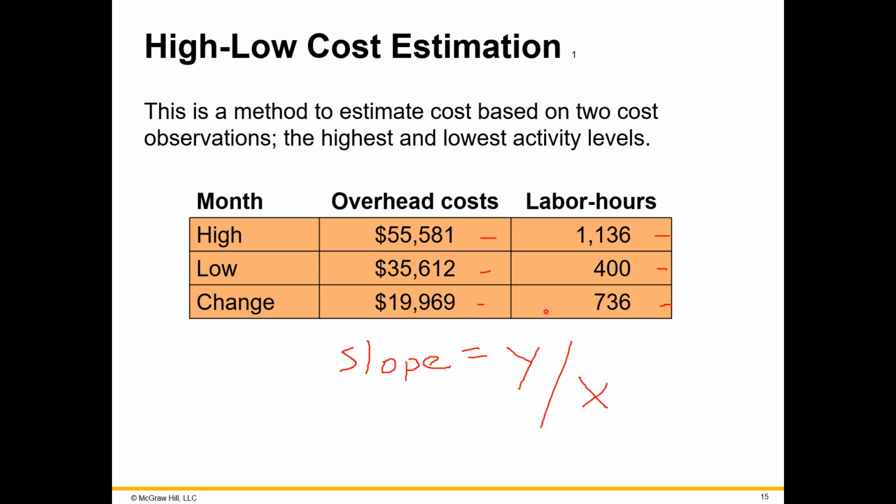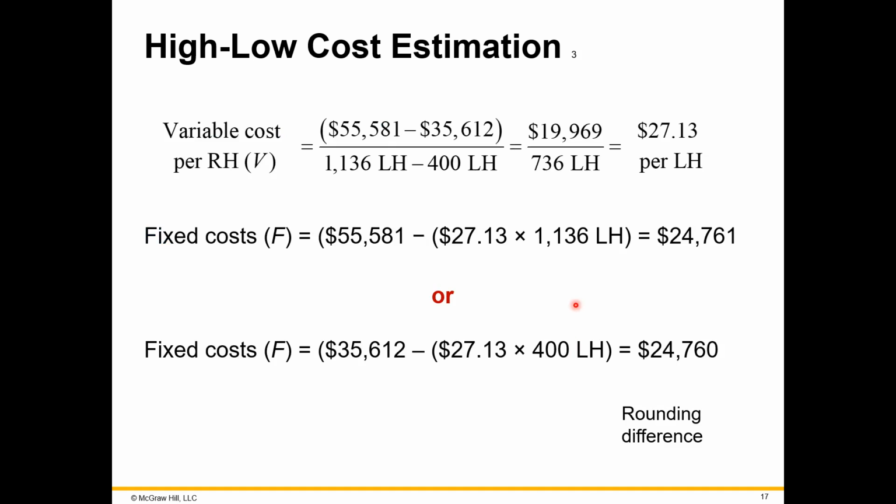Looking at this slide, the math that we calculated: we subtracted the highest overhead cost minus the lowest overhead cost, and we got 19,969. In those same two months, we took the highest labor hours minus the lowest labor hours and got 736. So our figure is $27.13 per labor hour.